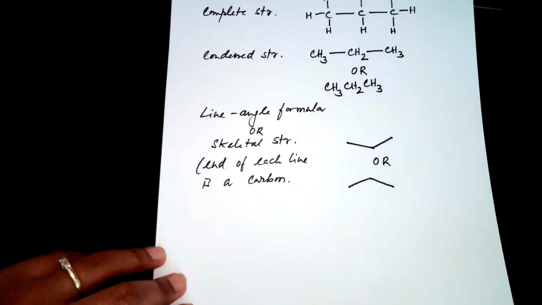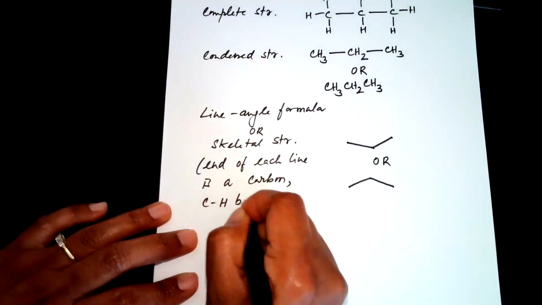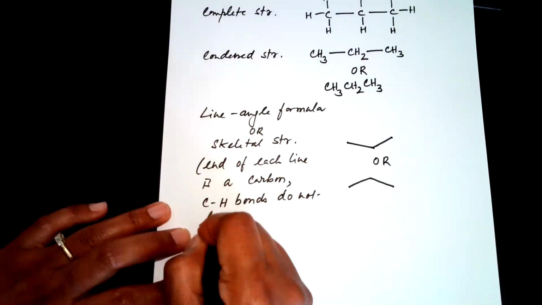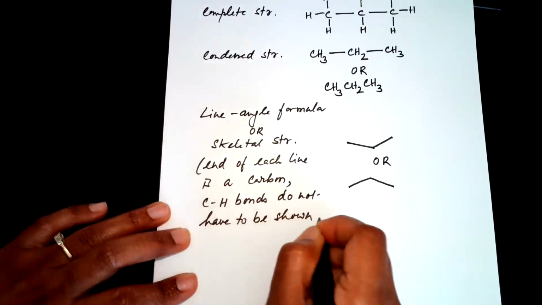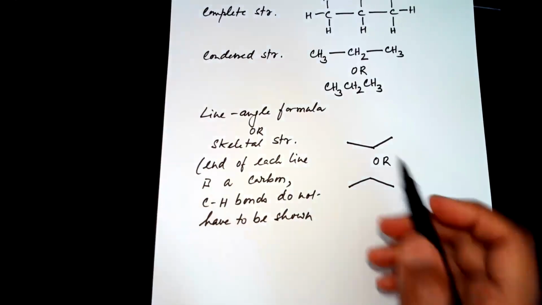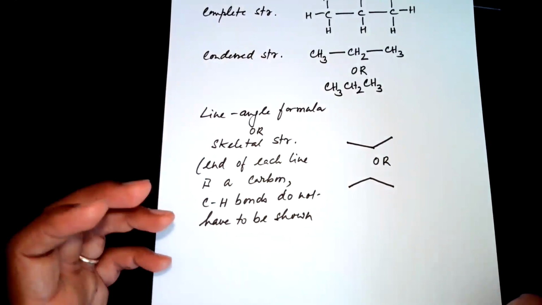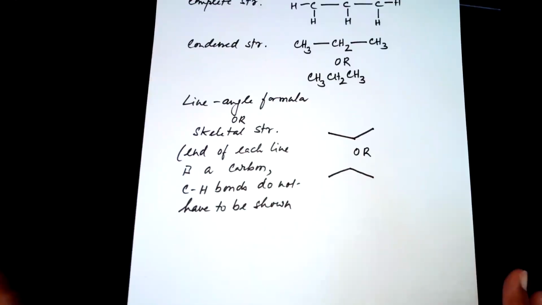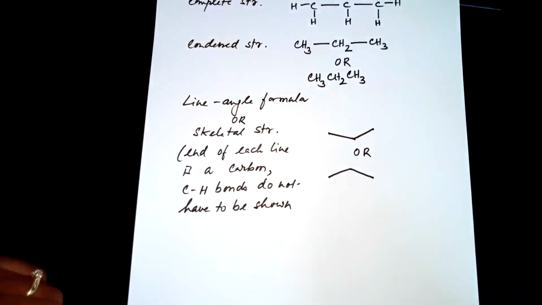So the carbon-carbon bonds have to be shown. Carbon-hydrogen bonds do not have to be shown. That does not mean that they don't exist. They still exist. Like if I were to just draw this molecule for you and ask you, what is the condensed structure of this molecule? You, right now, as a student learning this for the first time, best idea would be draw out all the hydrogens and then count and see.